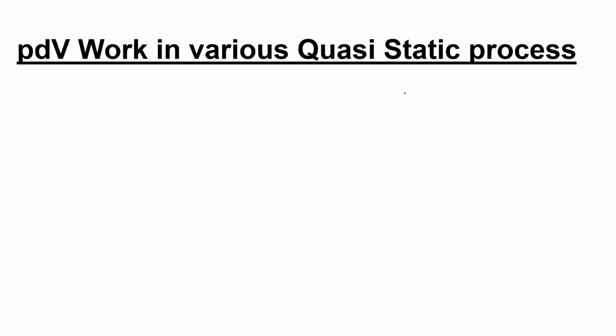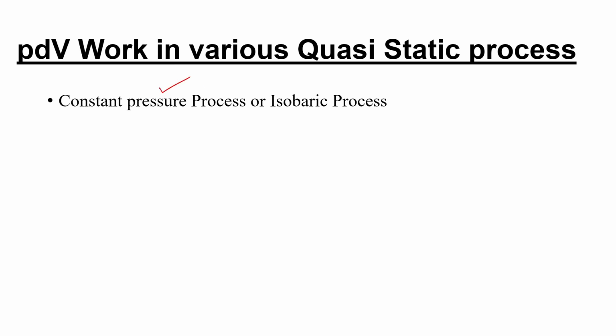Okay. So we have already seen you can use the expression integral PDV only for a quasi-static process, and we know what a quasi-static process is, that is a near equilibrium process. So mainly we deal with these kinds of processes in thermodynamics, that is the constant pressure process, where pressure remains constant throughout.